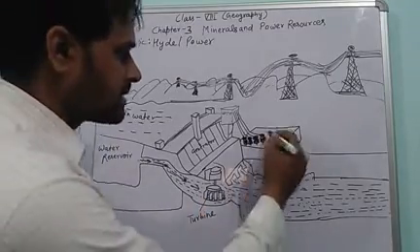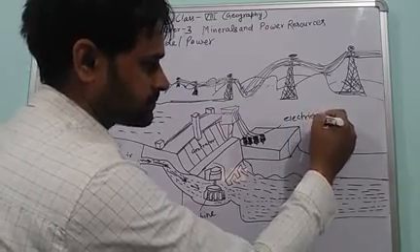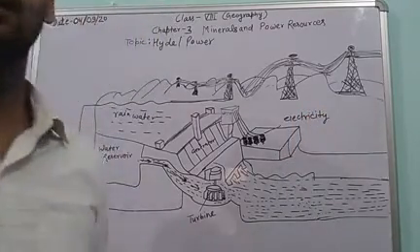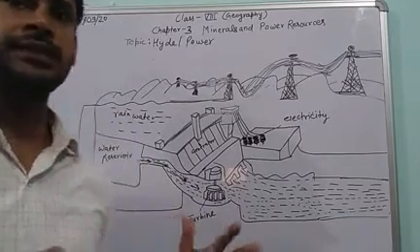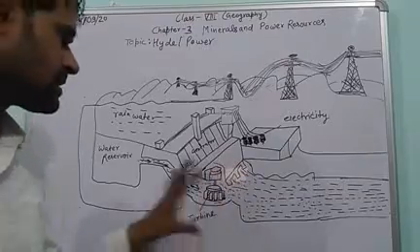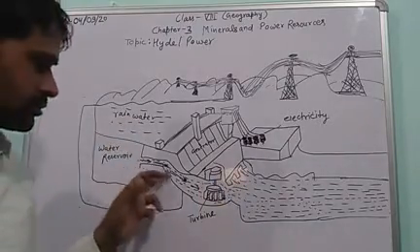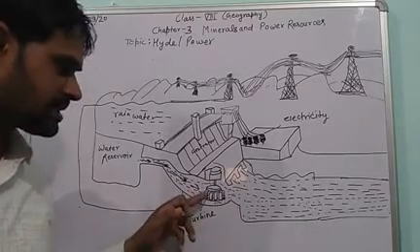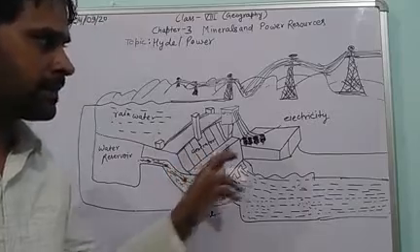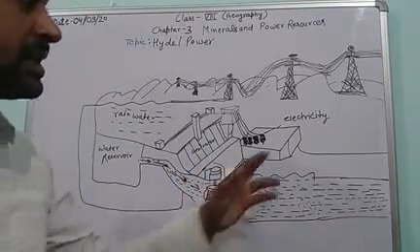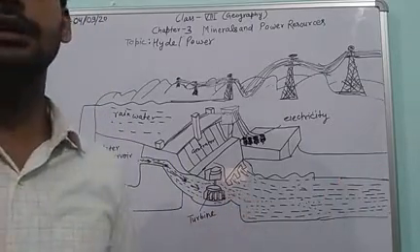Here electricity is produced. This is called hydroelectricity. In this process, rainwater flows through the pipes, and the turbine blades run the generators, so electricity is generated, and that is called hydroelectricity.